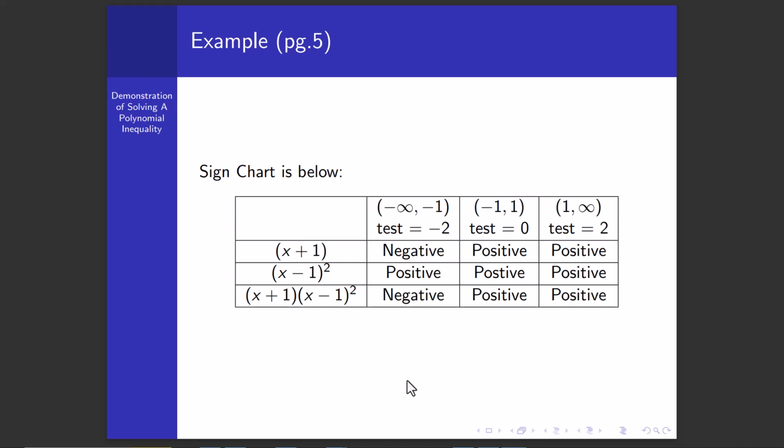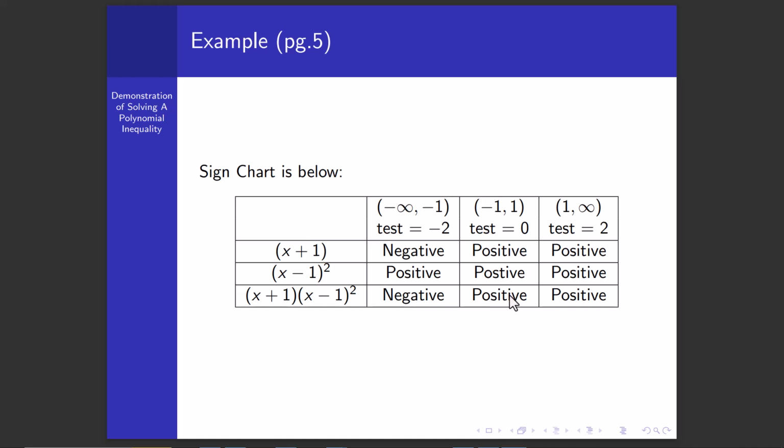Now what we notice here is that the end behavior and the multiplicity of the roots told me exactly the same information. End behavior told me that my first interval, my farthest left interval was going to be negative. My farthest right interval was going to be positive. The multiplicity said that I'm going to change sign as I move across negative 1.